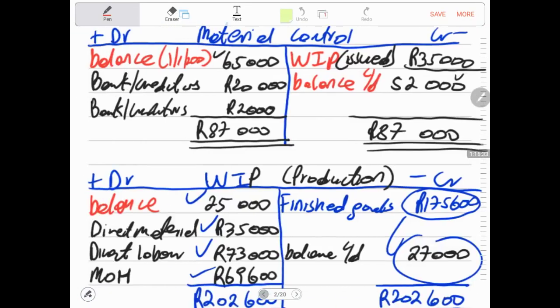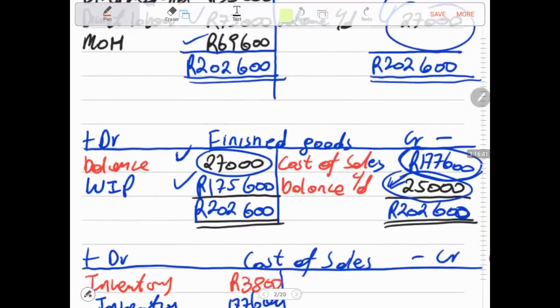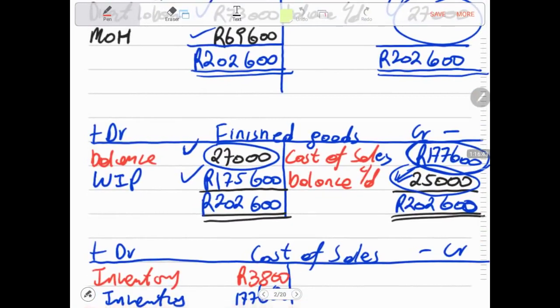And once again, remember, the ledger accounts are not required, but it is very important for you to understand the flow from the ledger account perspective. And the minute you understand it from a ledger account perspective, then it becomes easy for you to apply it in the statement perspective. Now, in closure, with regard to cost of sales, remember here we'll have to record inventory.